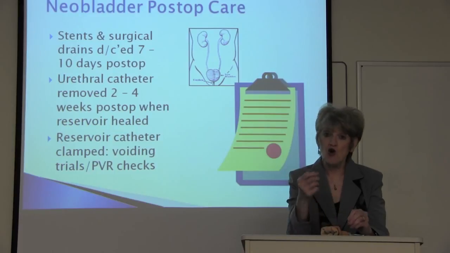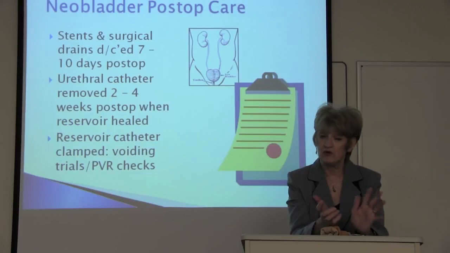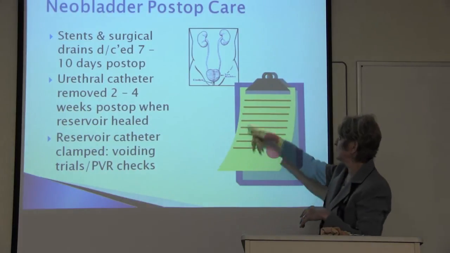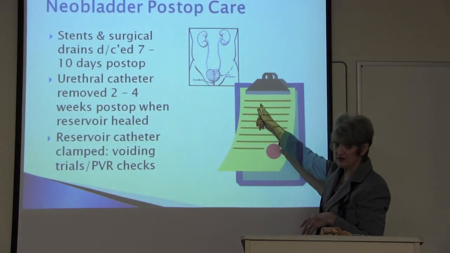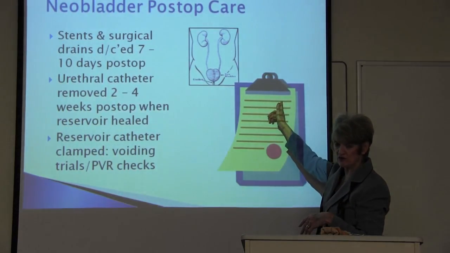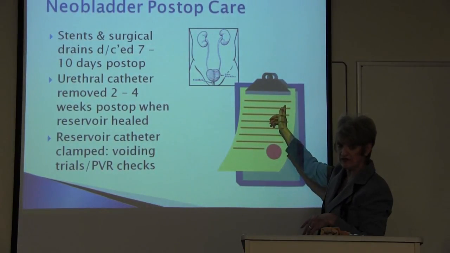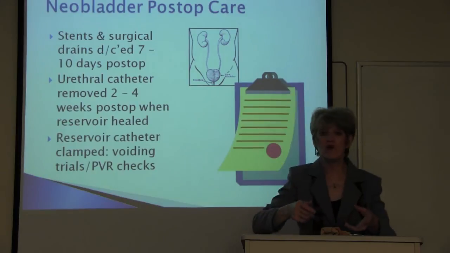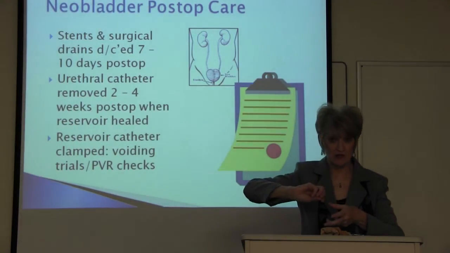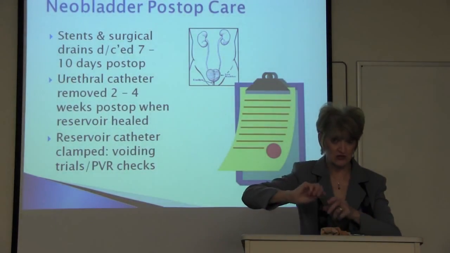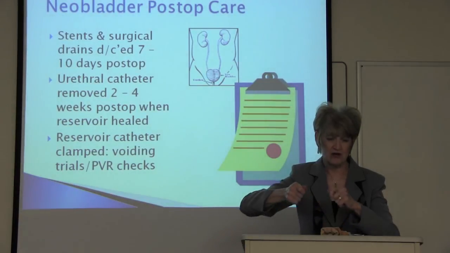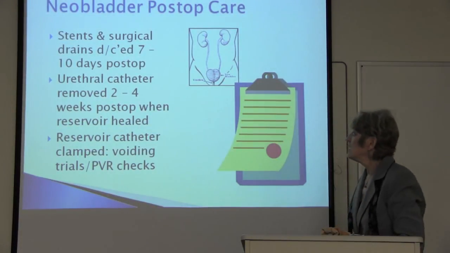Dump that, open the reservoir catheter and drain out anything from the reservoir catheter. That gives you a pretty good idea of your post-void residual. Keep a record. 8 a.m., I voided this much, I had this much post-void residual. 10 a.m., I voided this much, I had this much PVR. So they void, then they open the reservoir catheter, check residual, clamp the reservoir catheter, go 2 more hours.